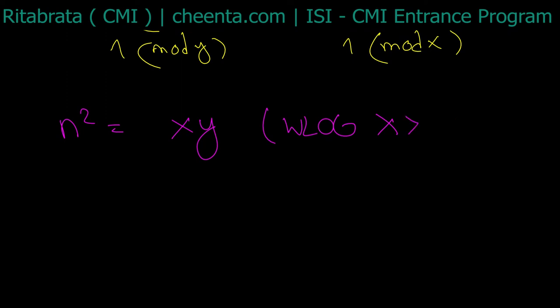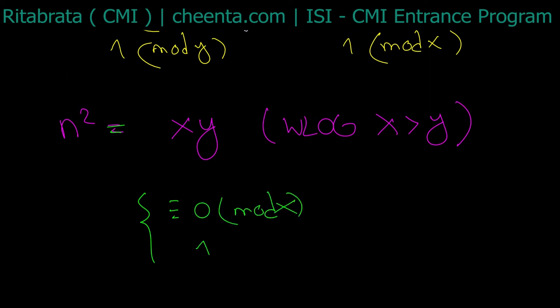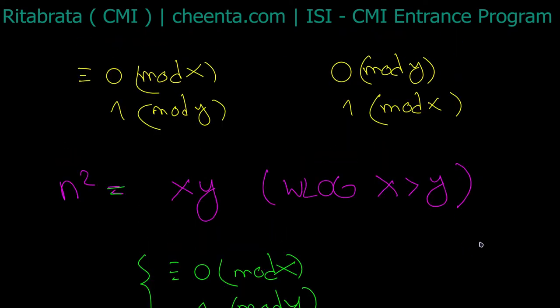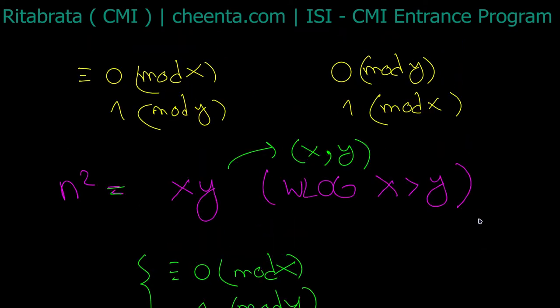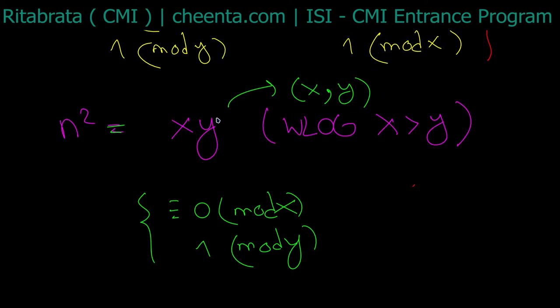I'll relate it to the unique solution that is congruent to 0 mod x and 1 mod y. For n square equal to xy, there is also another solution that is 0 mod y and 1 mod x, but that solution I will relate to the pair y, x.